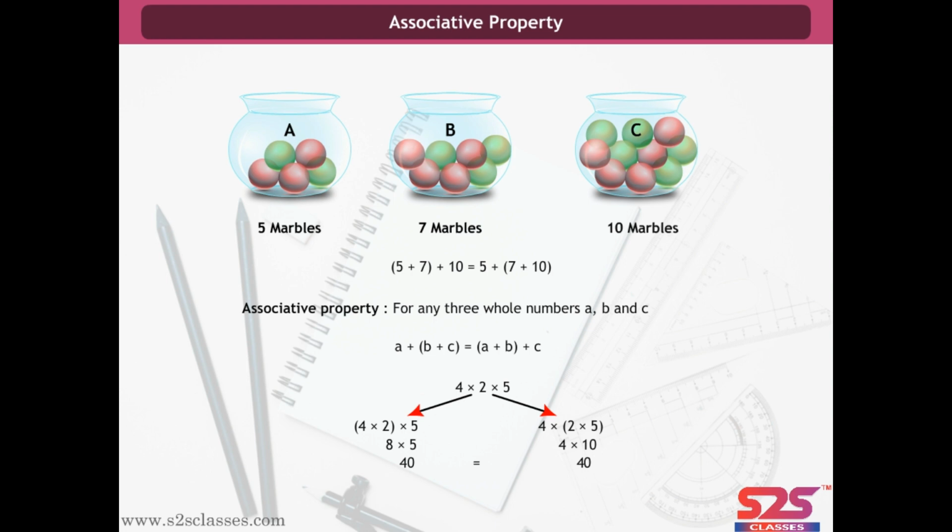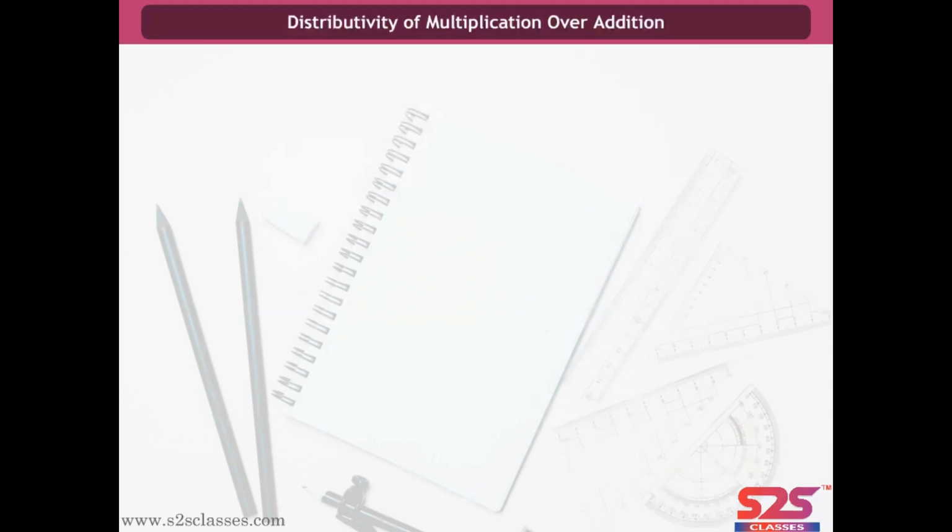In both the conditions, the result will be the same. This is the associative property of multiplication. That is, for any three whole numbers a, b and c, (a into b) into c is equal to a into (b into c). Again, this property does not hold for subtraction and division.